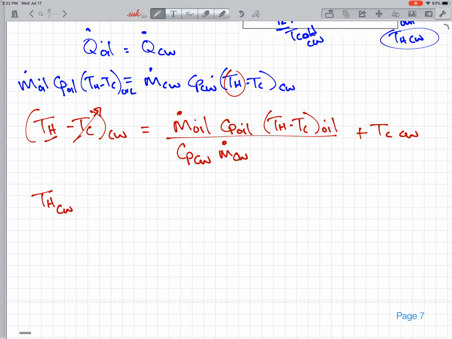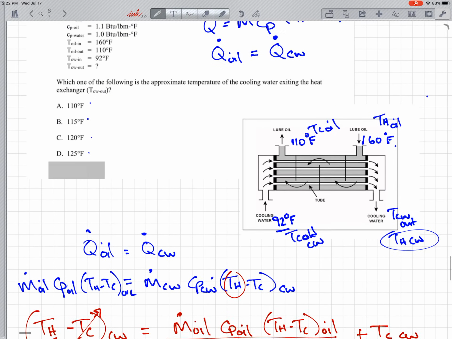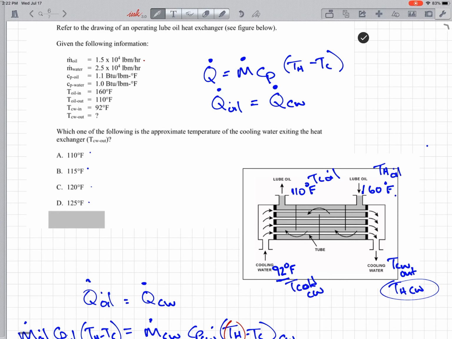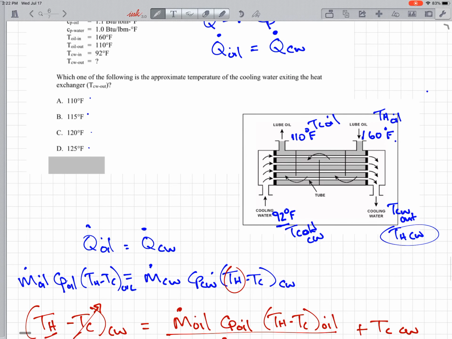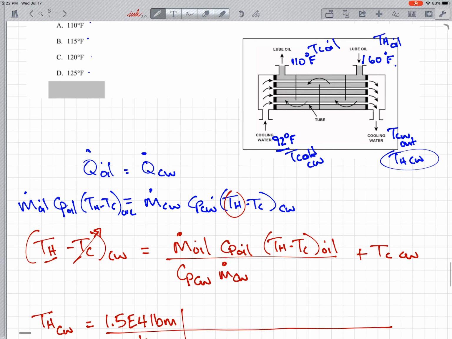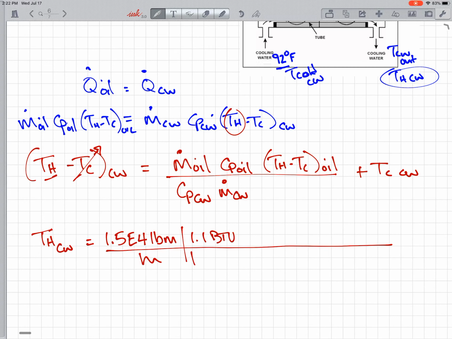T hot of the cooling water is equal to the mass flow rate of the oil, 1.5 times 10 to the 4 pounds mass per hour, times C sub P of the oil, 1.1 BTU per pound mass degree Fahrenheit, times the difference in temperature of the oil.